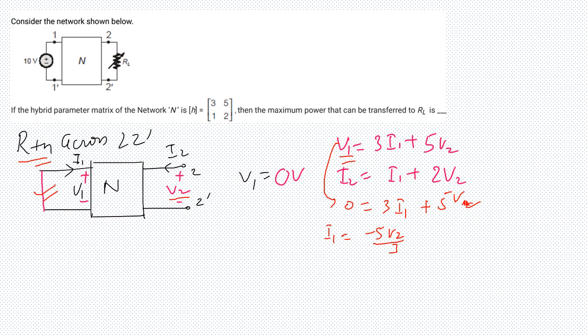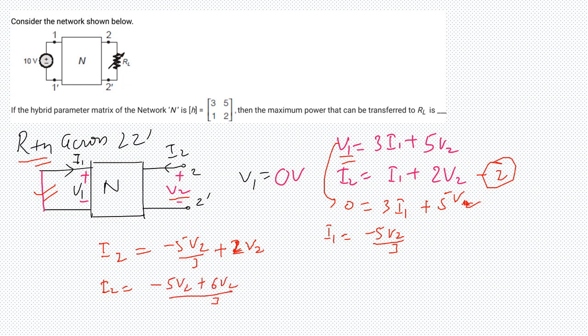I put this in equation 2, so I2 is equal to minus 5 V2 by 3 plus 2 V2. Simplifying, I2 is equal to minus 5 V2 plus 6 V2 by 3.